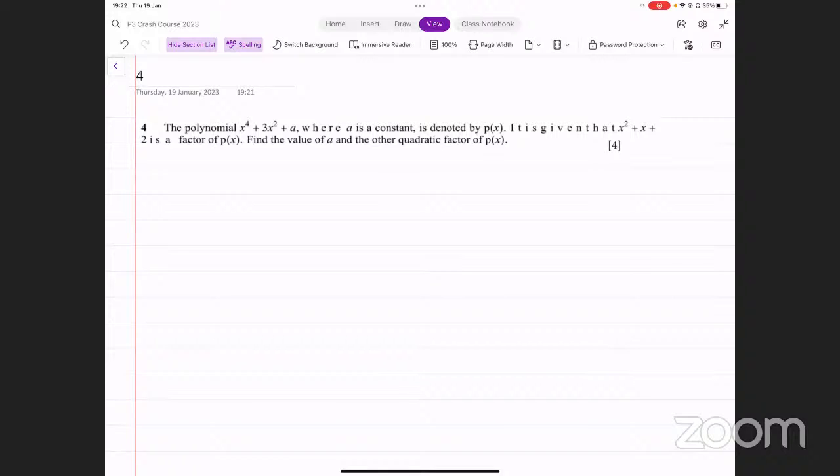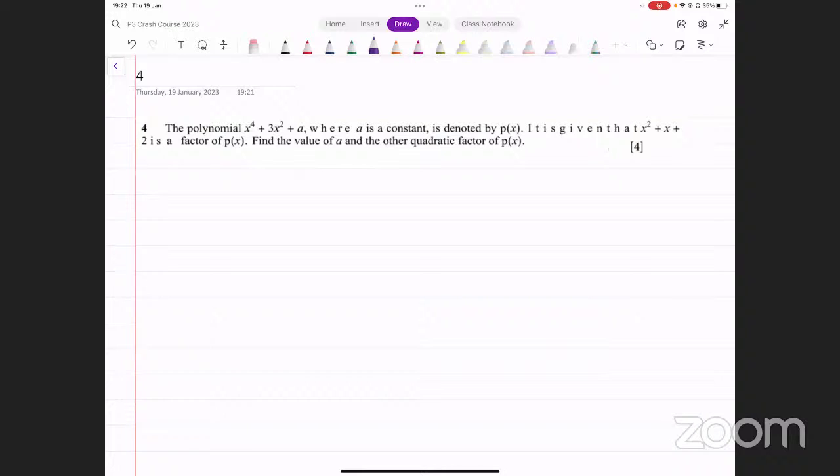All right. The polynomial x raised to the power 4 plus 3x squared plus a, where a is a constant, is denoted by p of x. So we've got this polynomial. P of x equals x raised to the power 4 plus 3x squared plus a.